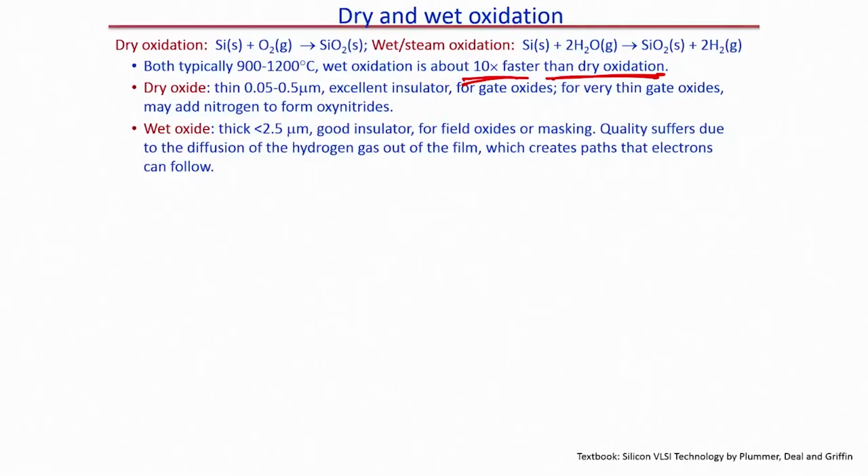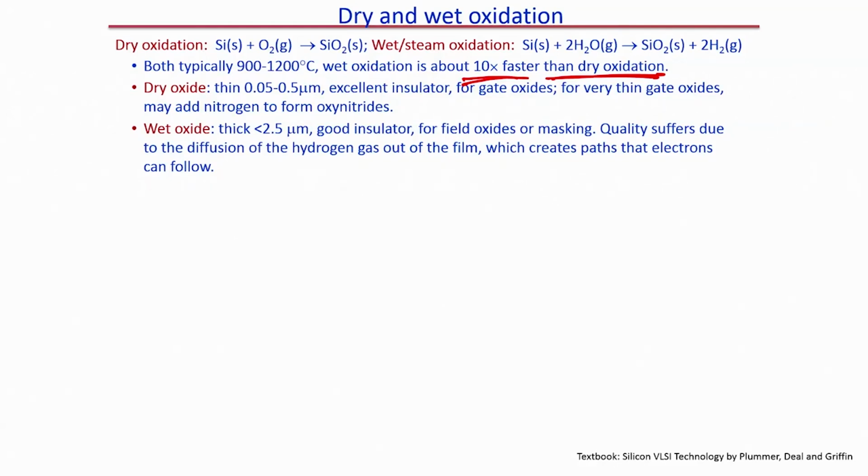All right. So, wet oxide, the thickness can be less than 2.5 microns. Again, it is a good insulator, not as good as the oxide grown using dry oxidation. It is a good insulator for field oxides or masking. The quality suffers due to the diffusion of hydrogen gas, because we are reacting silicon with 2H2O, that is vapor.